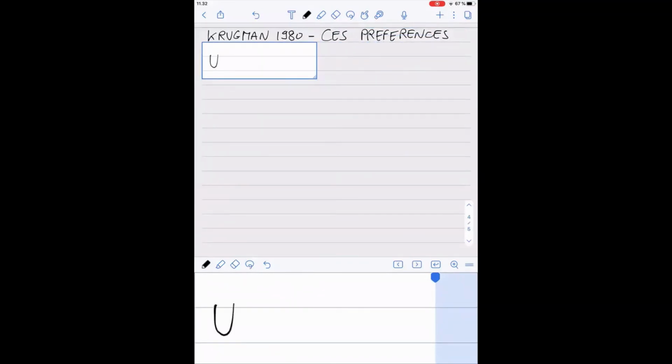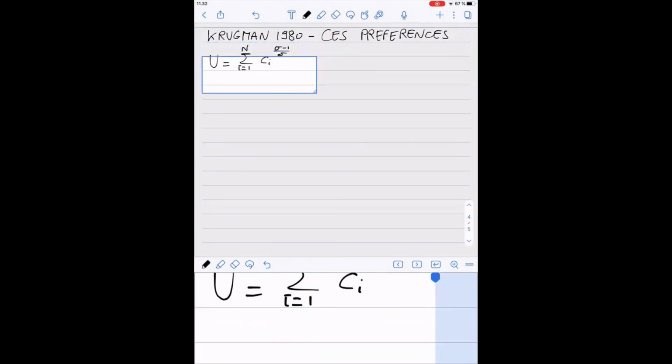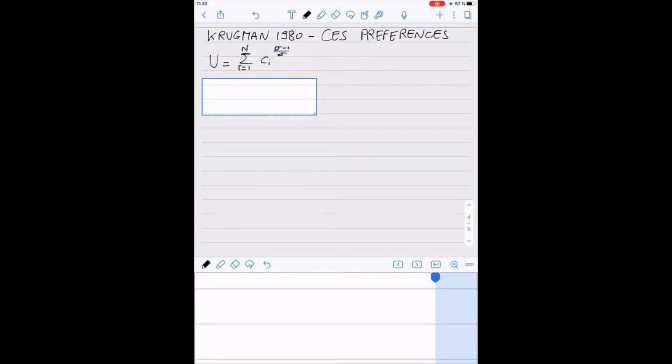The utility of the consumer is the summation from i equals 1 to capital N. We no longer have v of ci, but we have ci to the power of sigma minus 1 over sigma. These preferences are particularly interesting, very tractable, yet flexible, and they have the property that the demand elasticity is constant.